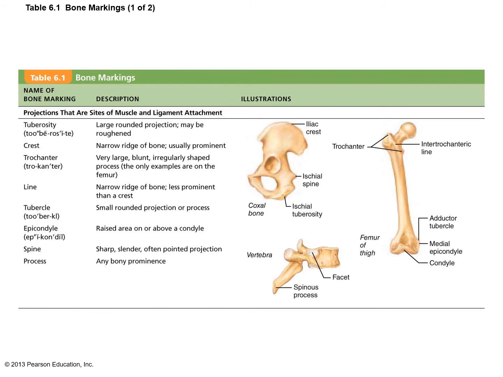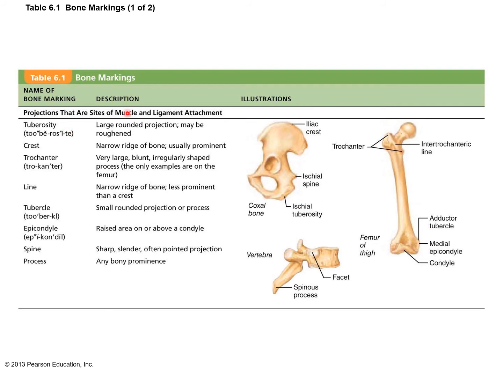There are certain bone markings to know. Whenever you see these bone markings, that tells you those are sites where muscles are going to attach and where ligaments are going to attach.